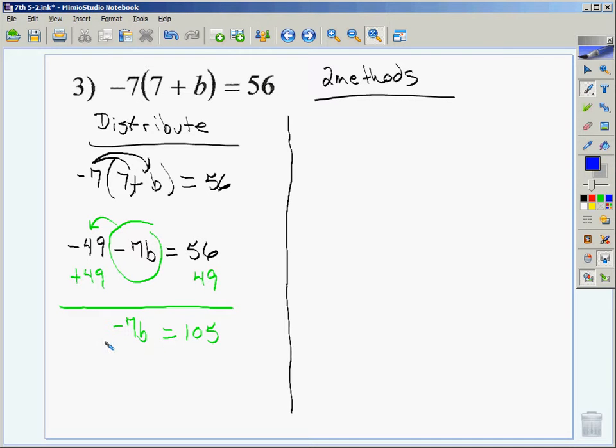In front of the b, there is a negative 7, so I'm going to divide both sides by a negative 7. Is my answer going to be positive or negative? A positive divided by a negative will be negative. 7 goes into 10 once, and there'd be 3 left over, and 7 goes into 35 5 times. Negative 15.